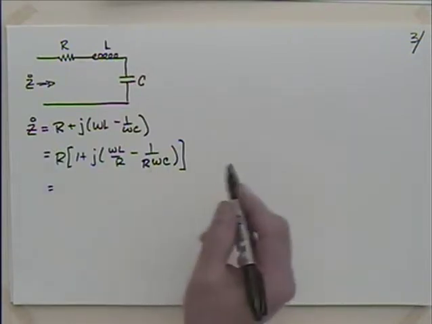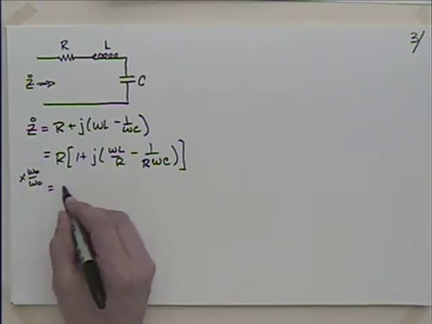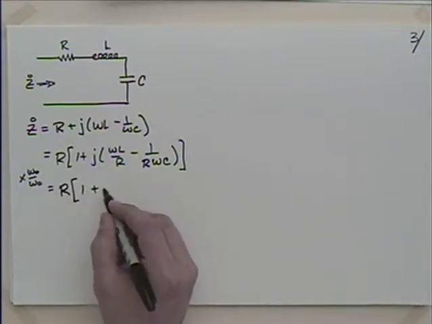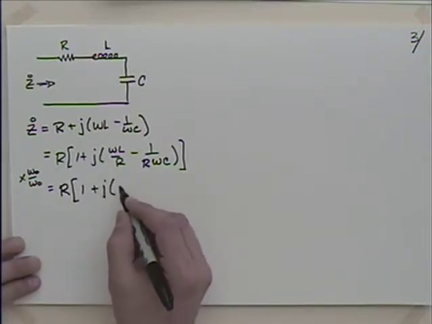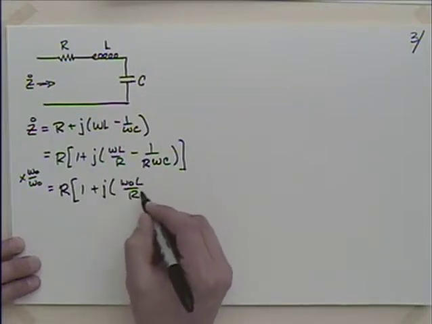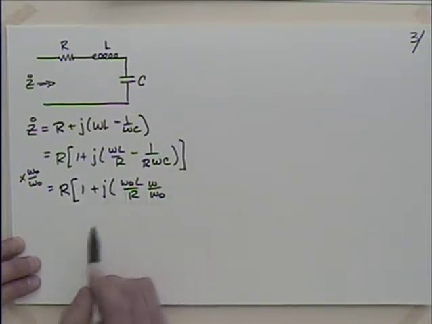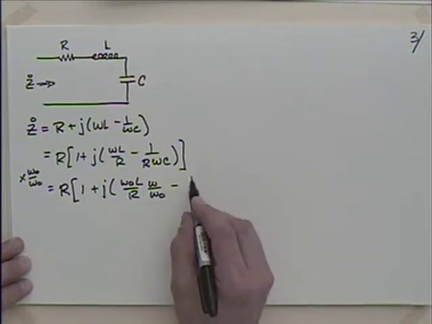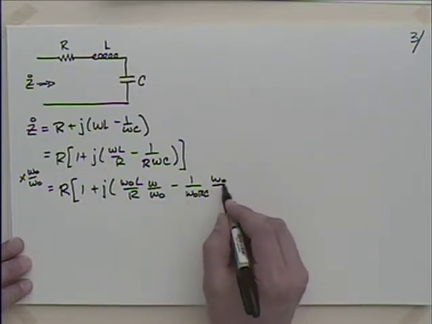So I could say multiply by omega naught over omega naught, which is going to give me R times 1 plus J, and I'm going to have omega naught times L over R times omega over omega naught, minus 1 over omega naught RC times omega naught over omega.